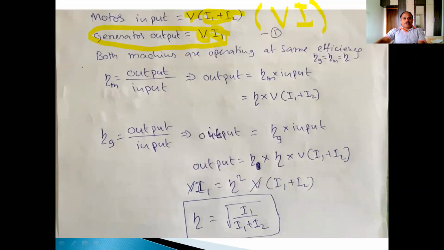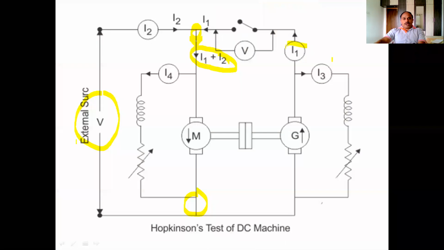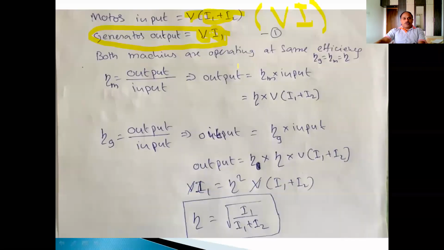Once this switch is closed, the generator is connected in parallel with the motor, so voltage is the same for motor, generator and external source. So V I1 is the power output from the generator, and the power input to the motor equals V into I1 plus I2.